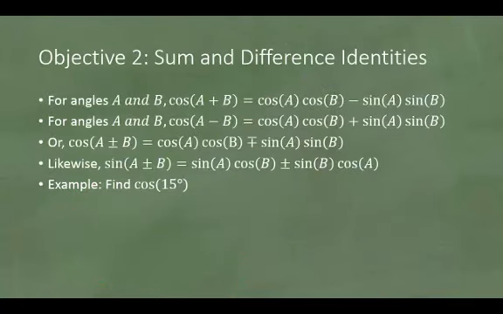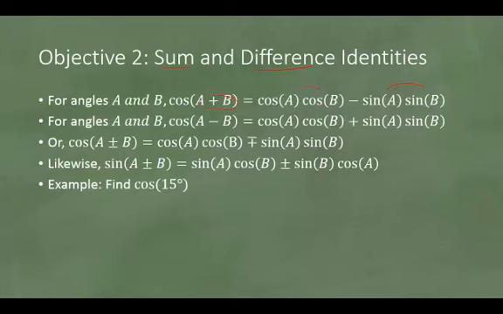Sum and difference identities. For angles A and B, we have that cosine of A plus B is equal to cosine of A cosine of B minus sine A sine B. These look very complicated to memorize. So remember that we're just doing sums and differences. We're adding here, and we're trying to make it into times over here.